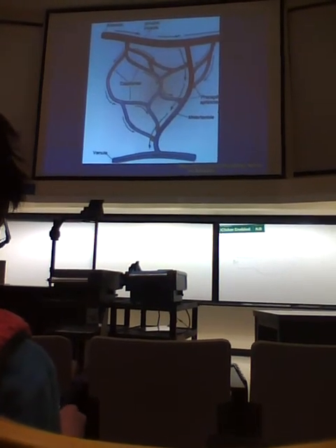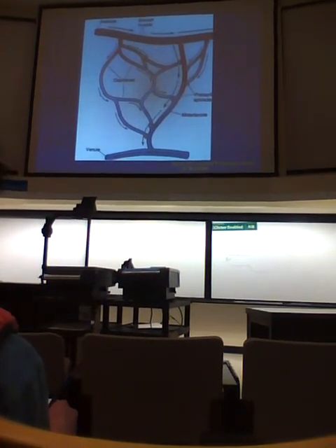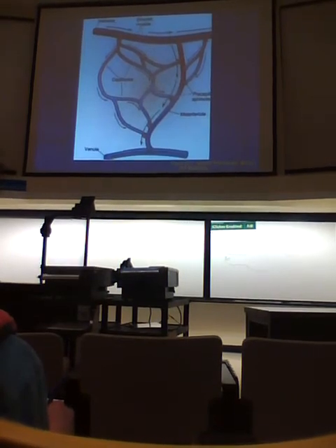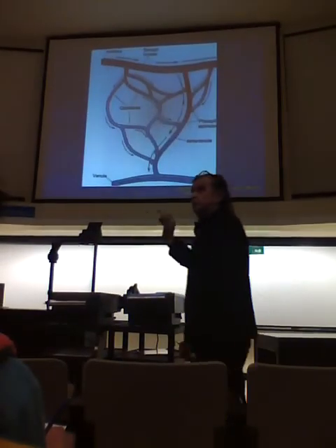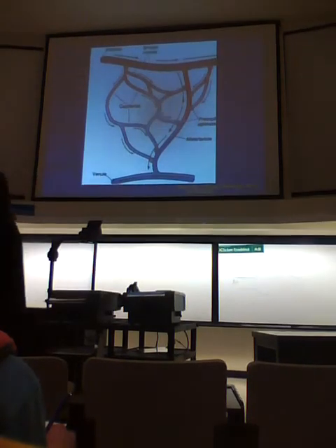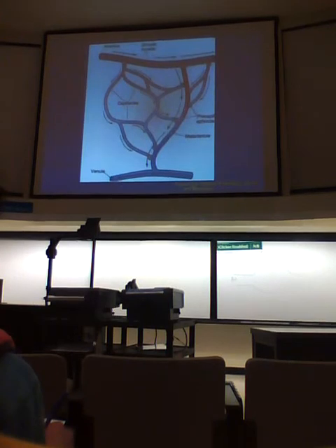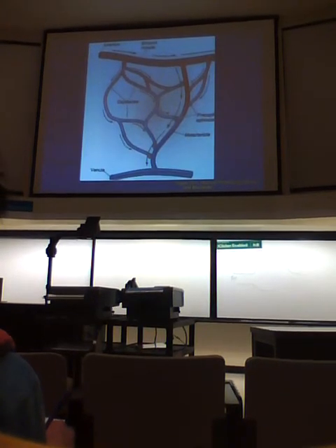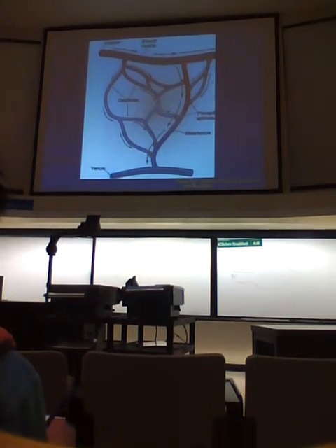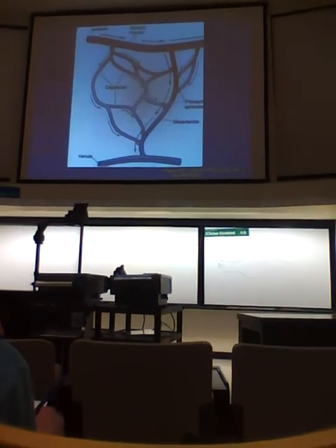So if you have muscle that's working really hard and generating lactic acid, that will open up the precapillary sphincter. This, of course, is the metarteriole, the thoroughfare channel part of it, and that's usually open to the bypass channel.